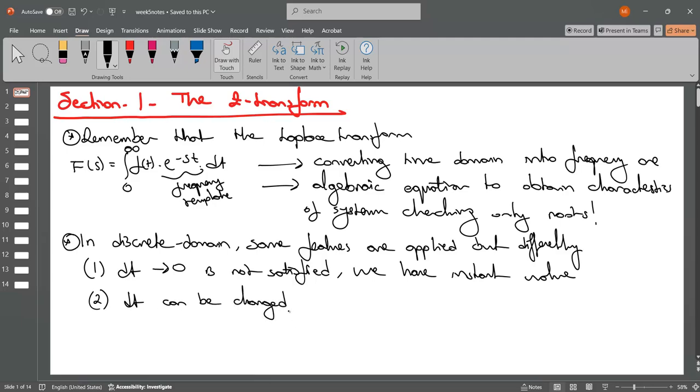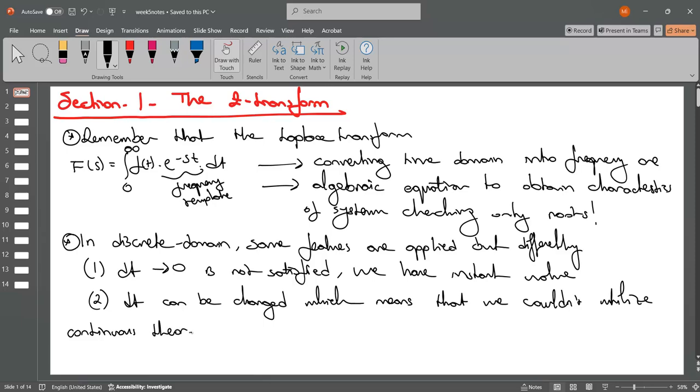Osman, what is the dt? Yes, this is the sampling rate. Sampling time. We couldn't utilize the continuous theorem because the dt can be changed, but in the continuous one, this equals infinitely small values, okay?